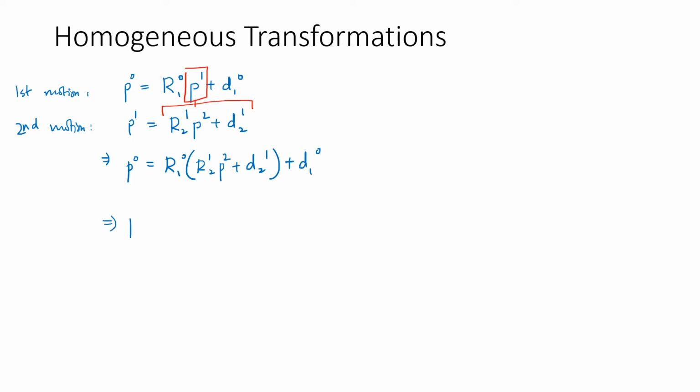Now this would mean that the location of the point P in the not moving frame or fixed frame is equal to R10 times R21. And obviously you can recall that that was equal to rotation of the second frame with respect to not moving frame in the composition of rotation discussion that we have already had, times P2 plus R10 times D21 plus D10.